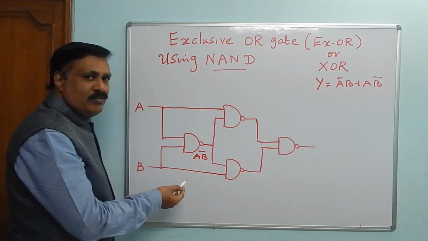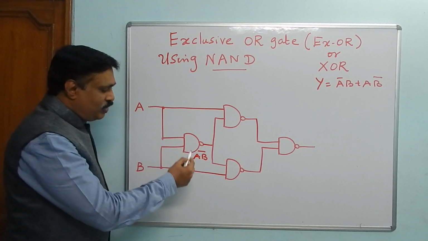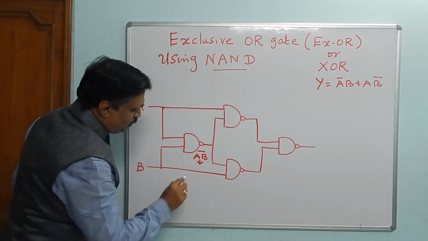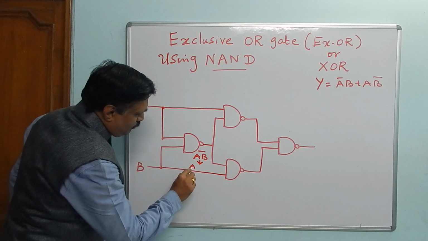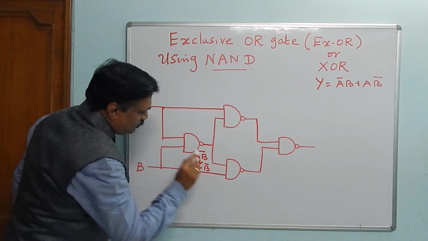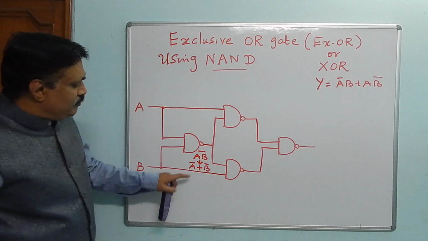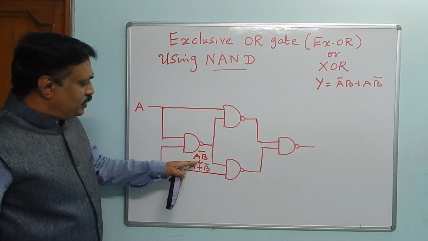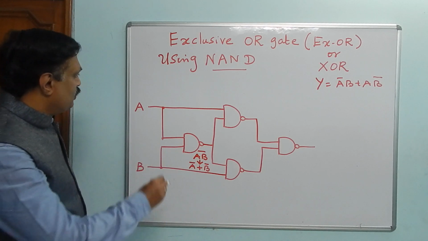Therefore applying De Morgan's theorem, you are getting here A complement or B complement. Okay, understand?